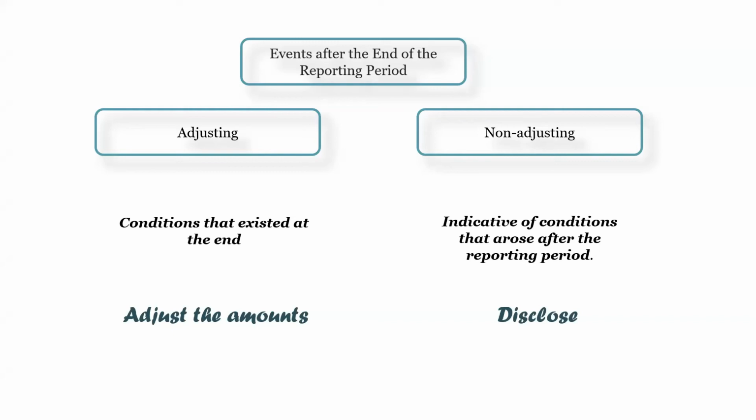Yung bankruptcy of a customer after the end of the reporting period confirming that a client was credit impaired and ECL should have been recognized in line with PFRS 9. So, yun. Kapag meron din ganito, bankruptcy ng customer, since part siya ng PFRS 9 that you have to assess yung ECL ng customers natin. So, magiging adjusting event na rin siya.